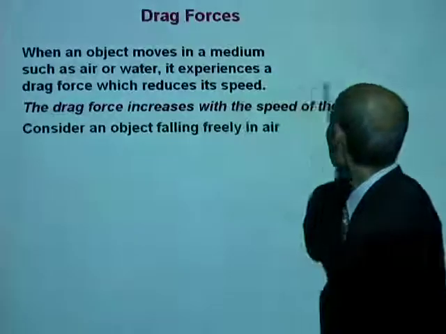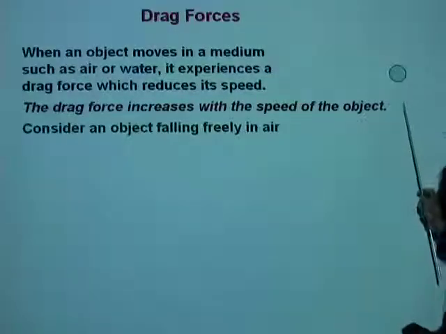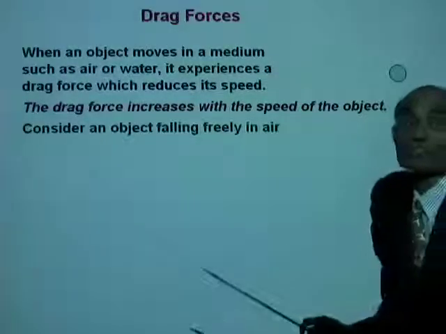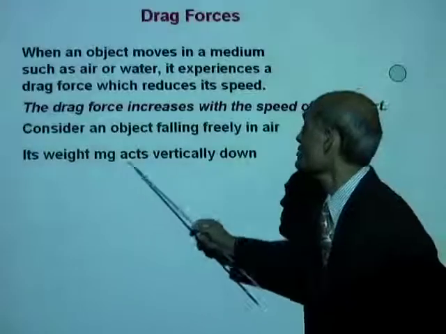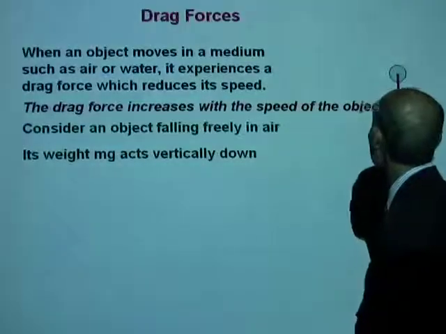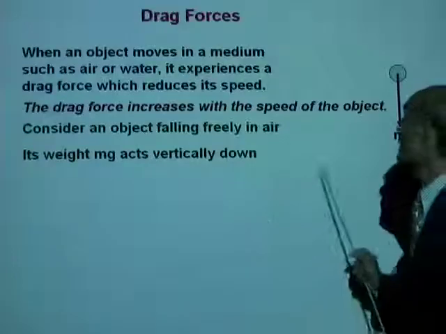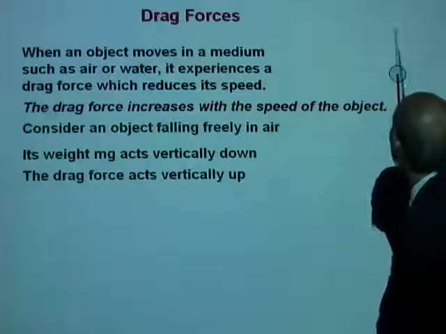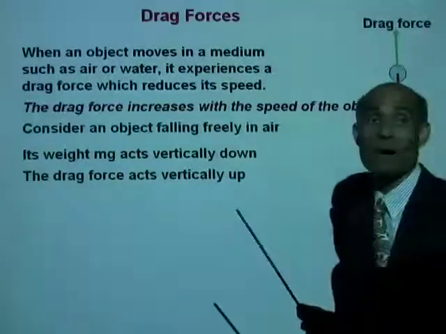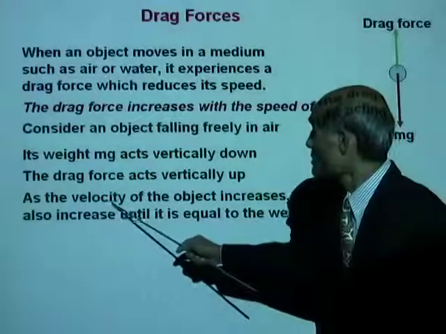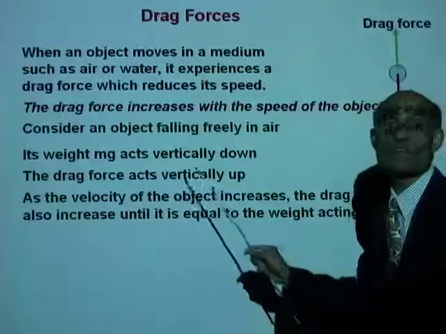Now consider an object falling freely. Now what are the forces acting on it? Its weight mg is acting vertically down, and the drag force will be acting vertically up. As the velocity of the object increases, what happens?